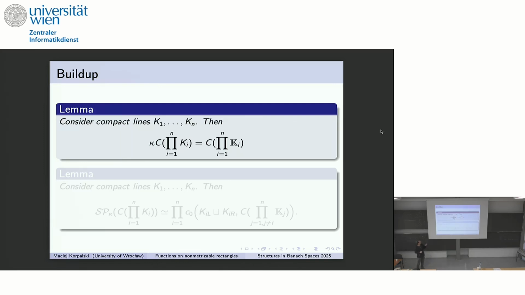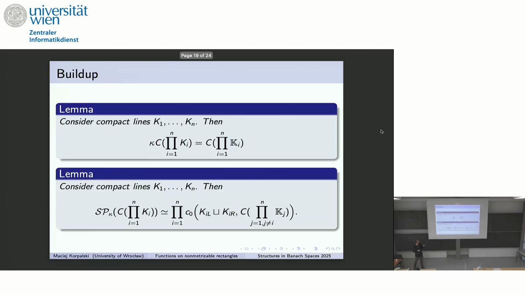And it turns out that we can describe this space of functionals from the second dual as continuous functions on the product of such completed spaces, let's say. Using this, we can describe the Semadeni-Pełczyński derivative of the whole space by some quite complicated C0 product.